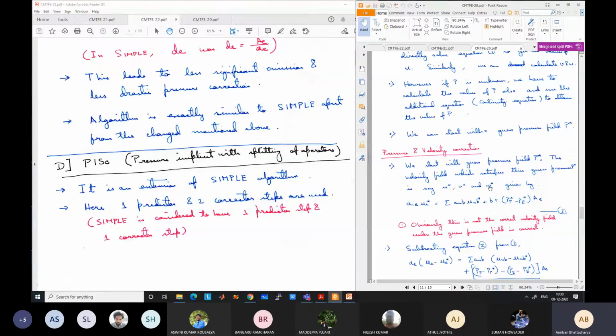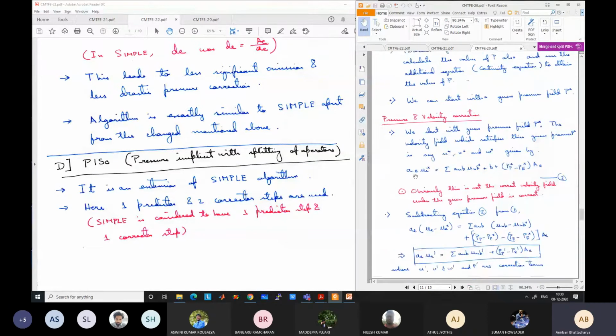Otherwise, it will be just some predicted velocity based on the gauge pressure. So this solving of the momentum equation with the gauge pressure to predict the velocities is known as the predictor step. This prediction may not be correct because the pressures are not correct.